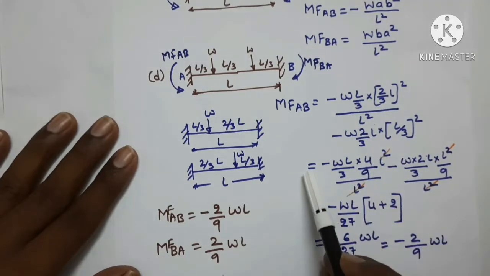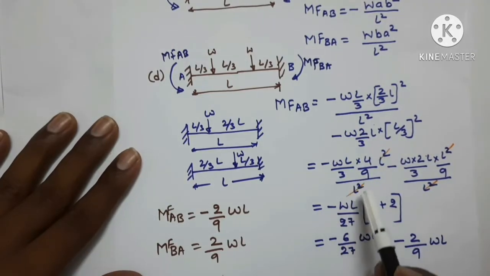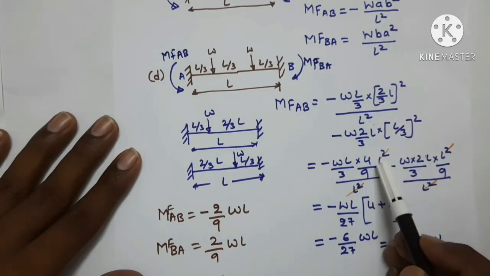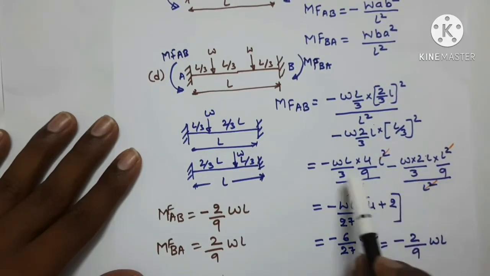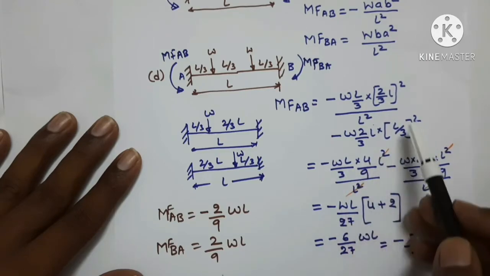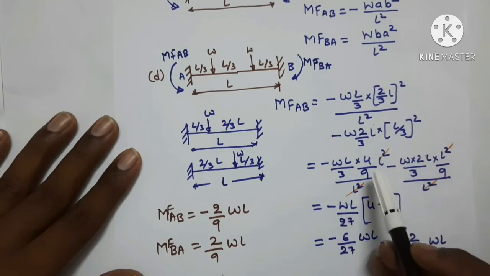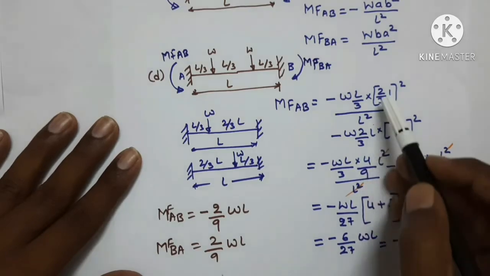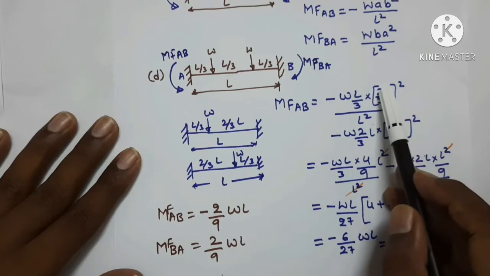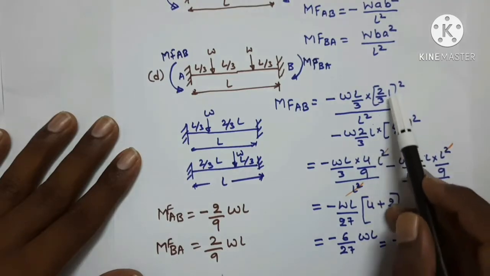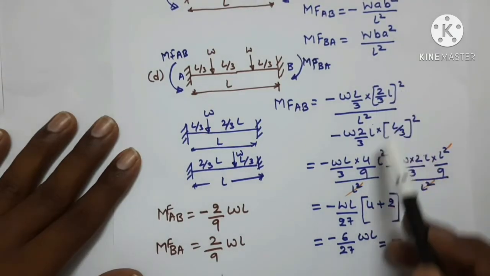Then I will simplify this. I will square it: L square, and 3 square is 9. So W L by 3, 2 square is 4, into L square, and 3 square is 9.